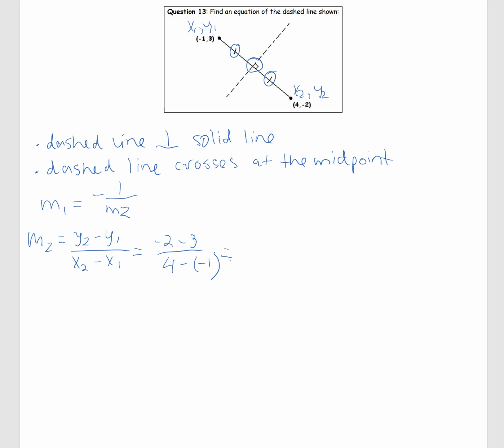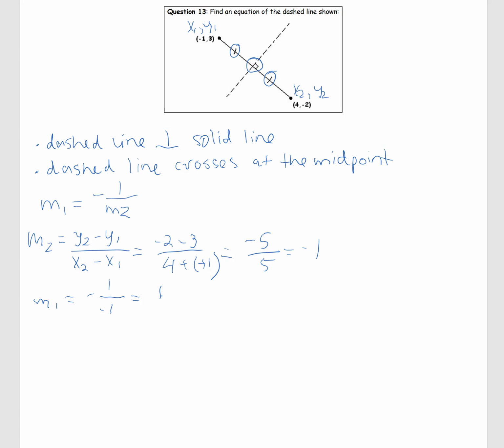And so negative 2 minus 3 is negative 5 on the top. 4 minus negative 1 is the same as saying 4 plus 1, which is 5 on the bottom, and this gives me negative 5 over 5, which is negative 1. So the slope of my solid line is negative 1, and this means that m1, or the slope of our dashed line, is negative 1 over negative 1, and this gives me positive 1 for the slope of the dashed line.